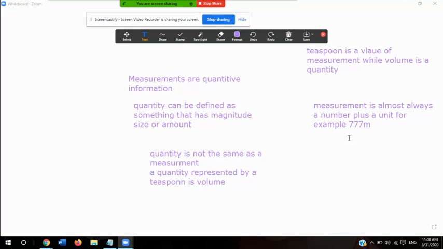So the SI is basically a system that scientists all over the world use to represent measurements.